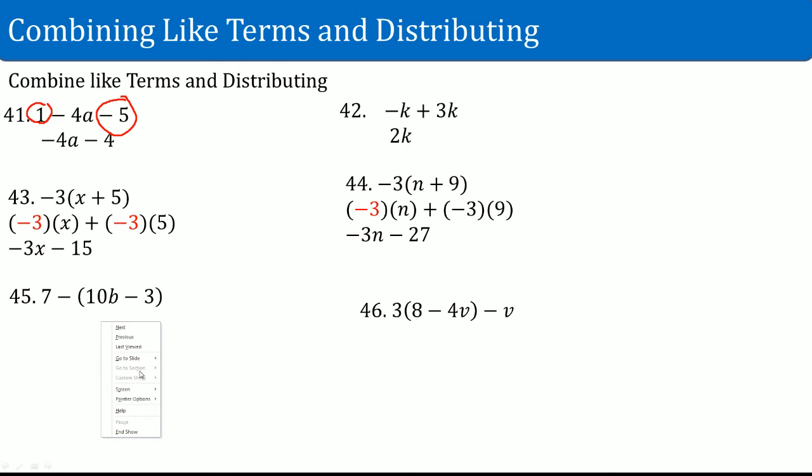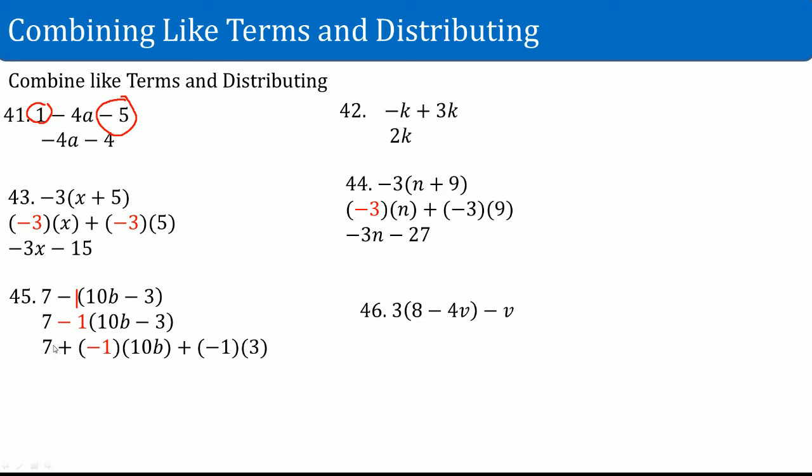Next, I want you to please be aware that there is actually a number 1 out here. I showed it right there. So it is a -1 times 10b and a -1 times -3. Do you see that? It was -3.